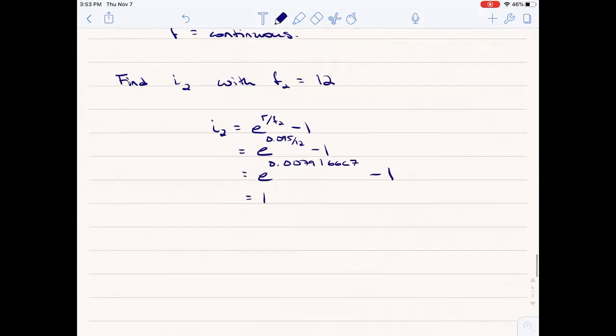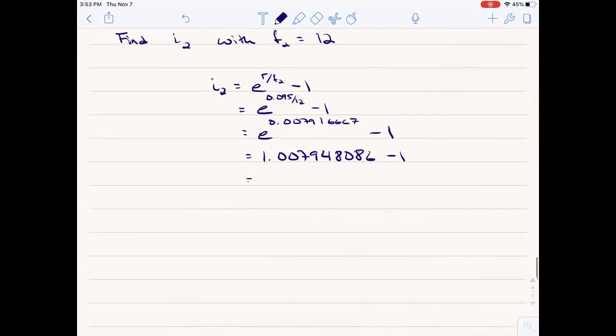So I get 1.007948086 minus 1. Don't forget that minus 1, otherwise you're talking 100% every month. That doesn't happen. And so you get 0.007948086.